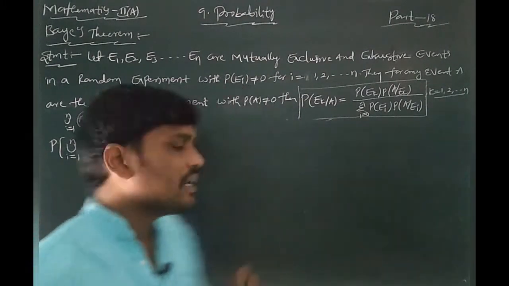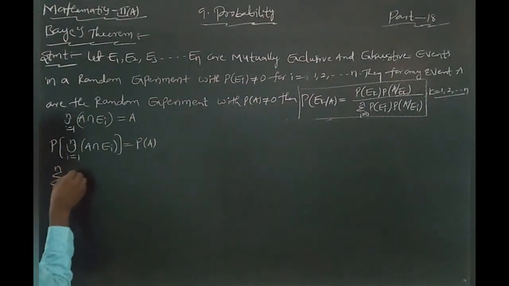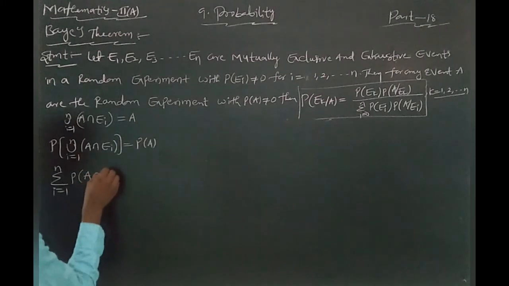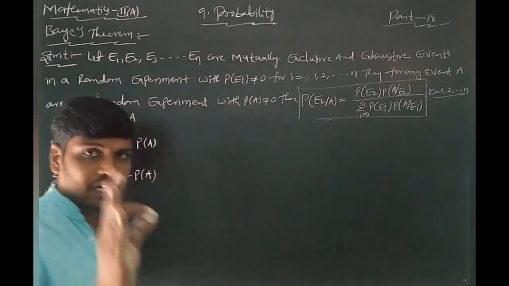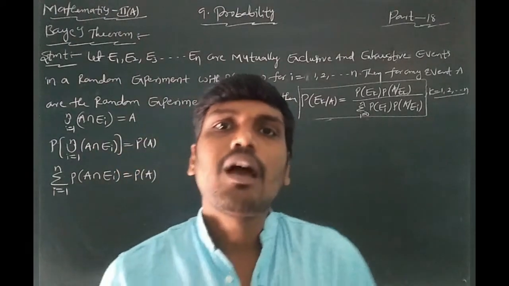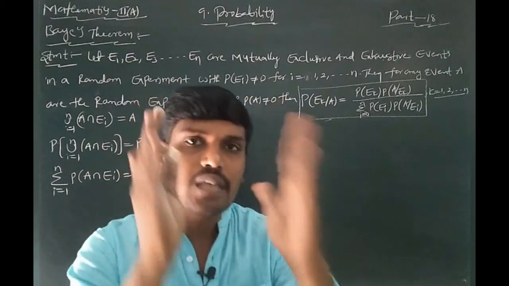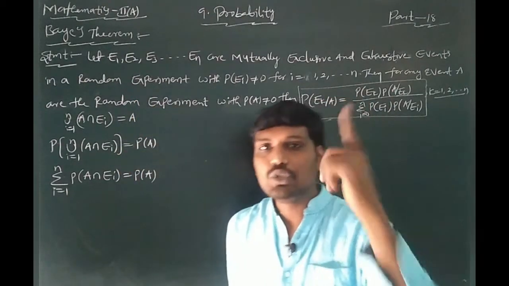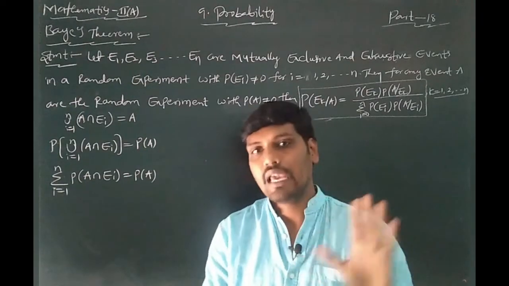That's why this union goes to a summation: summation i equal to 1 to n of P of A intersection E_i is equal to P of A. Understood or not, friends? Here union is nothing but the combination of all events, the sum of all the events. For that sum you can also use the summation symbol; union and sum are both equal here.